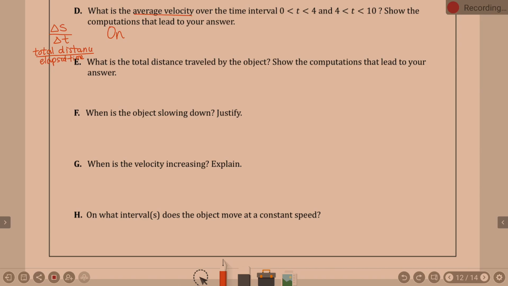On the interval from 0 to 4, we already talked about it being negative 20 plus negative 10, which is negative 30. That's going to be your total distance. And then in order to do the average velocity, you're dividing, right? So negative 30 divided by a time of 4, and that gives us negative 7.5.